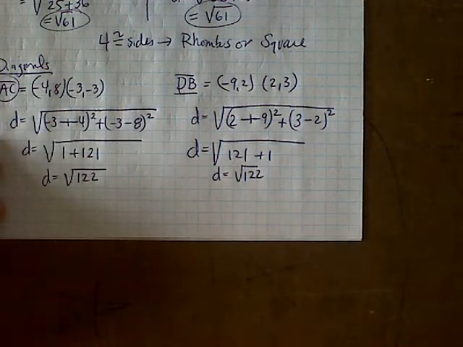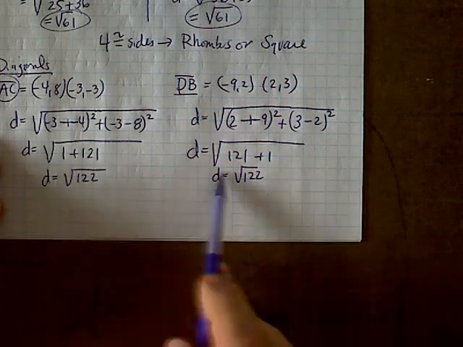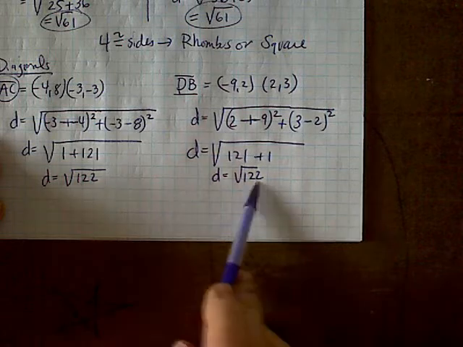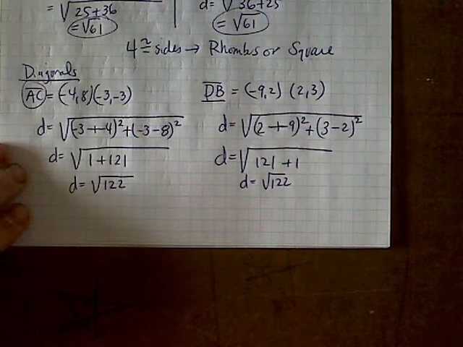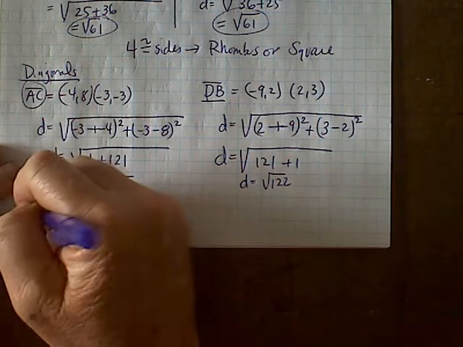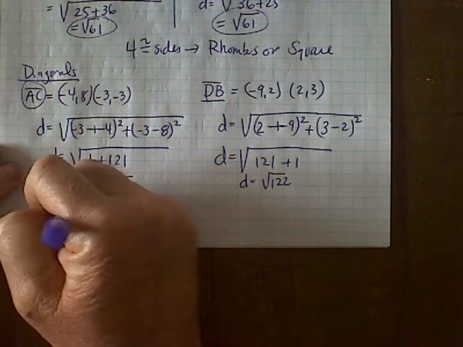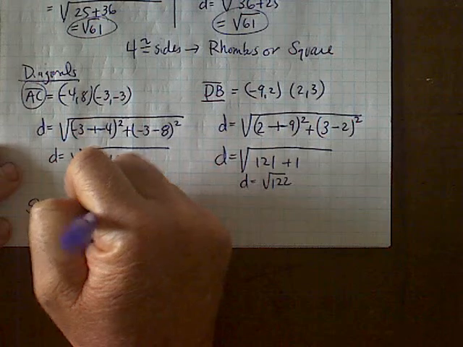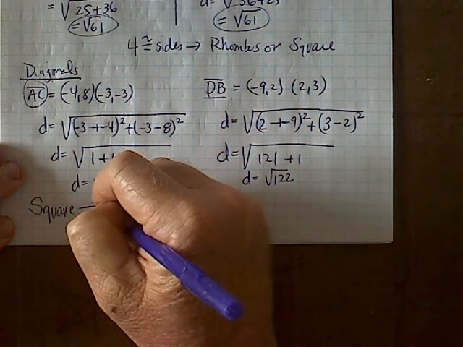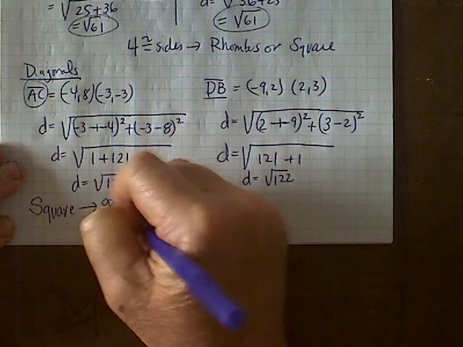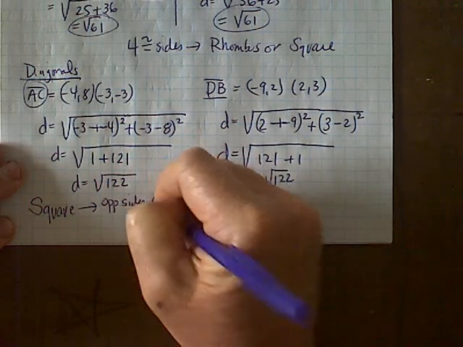So here's what we have at this point. Because the diagonals are congruent, it is a rectangle. But again, the strongest statement you can make is what you're looking for. We're going to say this shape was a square. And what would be your reasons for that? Okay, lots of things. Number one, opposite sides were parallel.